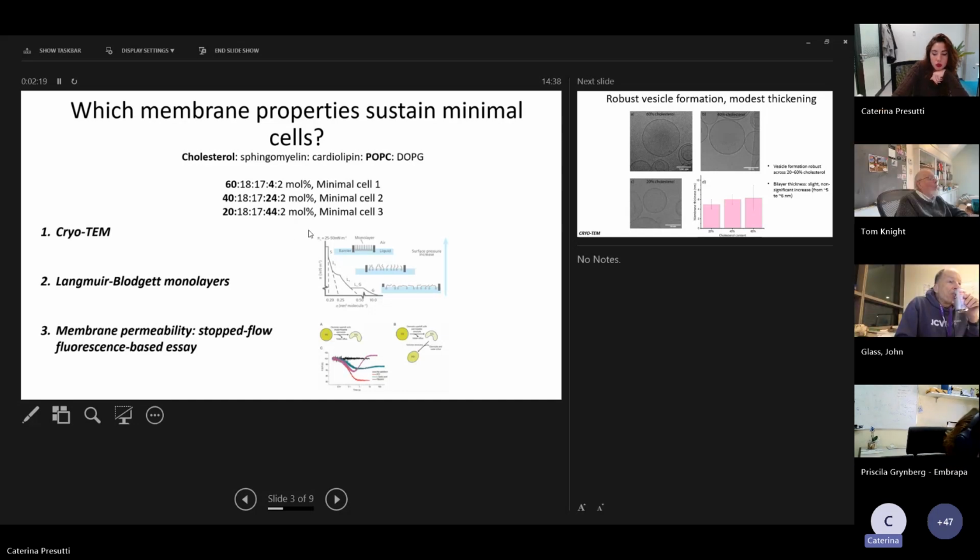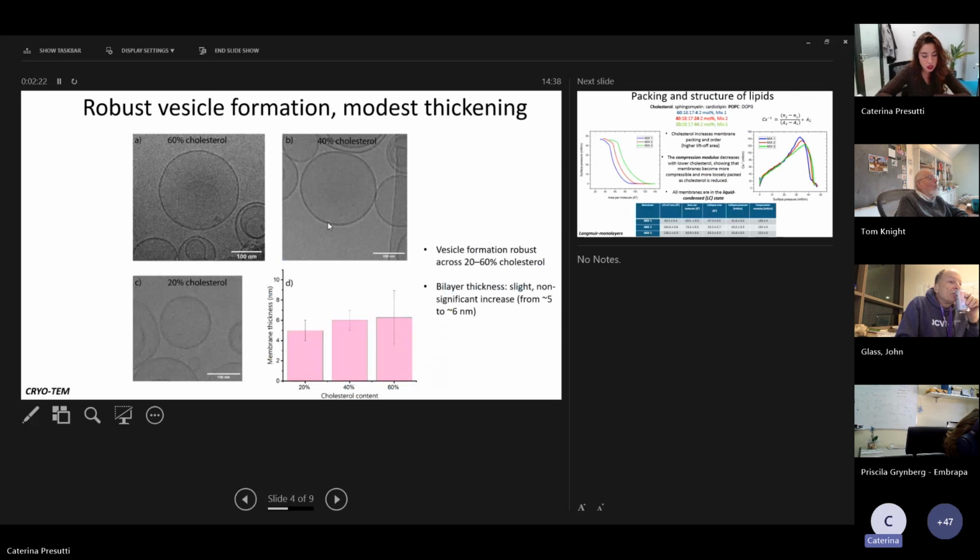To begin, we asked whether vesicles could be formed at such high cholesterol content, since such content is quite unusual for the microorganism and also for us to make vesicles. But we saw with images that vesicles are formed robustly under all conditions, showing both unilamellar and multilamellar vesicles without major defects.